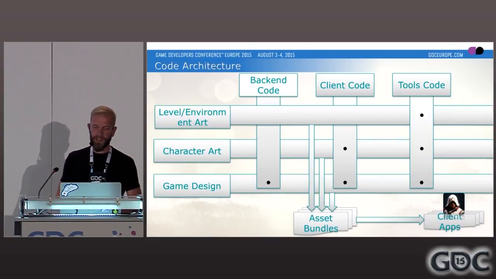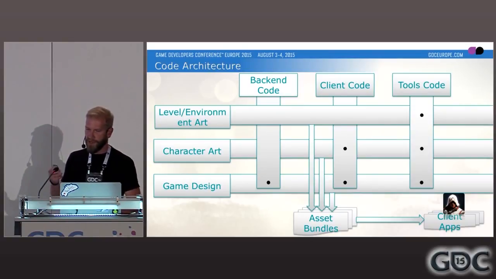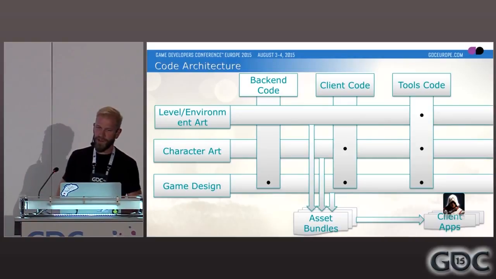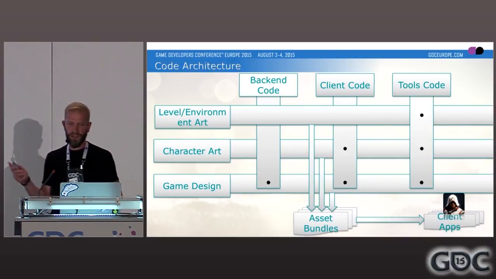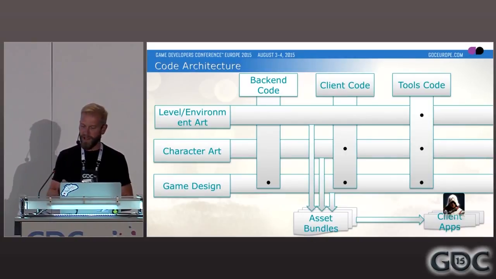We even split the main project and the level art project into different Unity projects to be able to have them working independent of game features as well, because they might prepare stuff that is not even there in the game yet. That's why the tools code, as an example, is the only thing that's really touching the level and environment art.